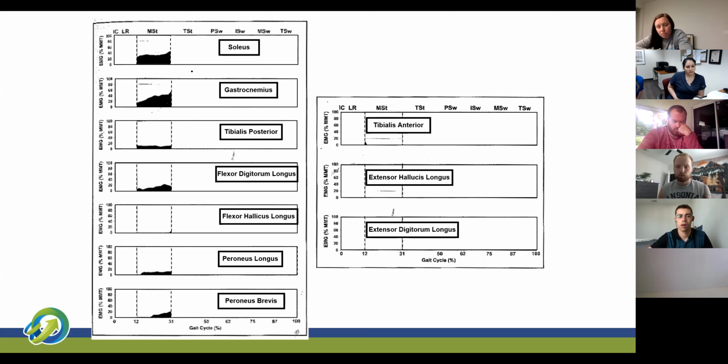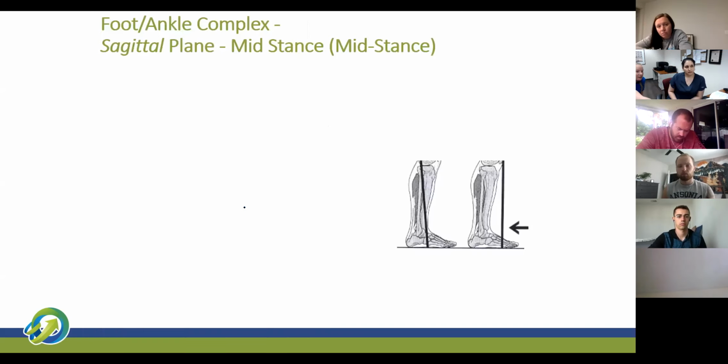So this is what muscles are working during mid stance. Basically the plantar flexors are working, now that the foot is flat, to move the tibia anteriorly and pass it over top of the ankle joint.